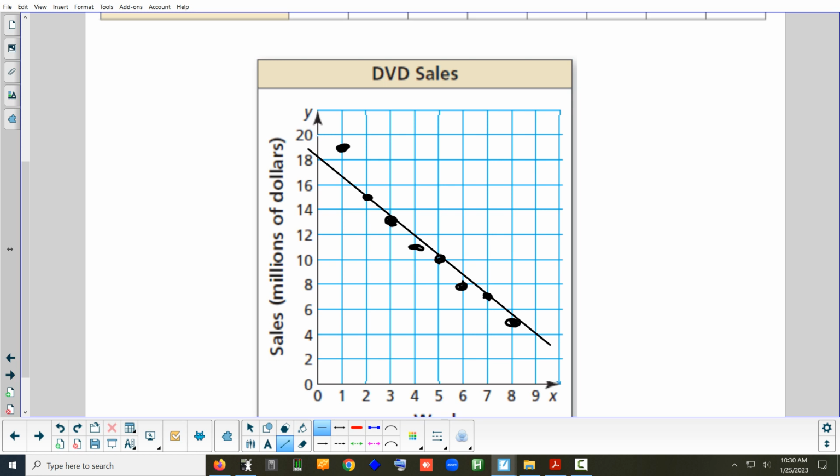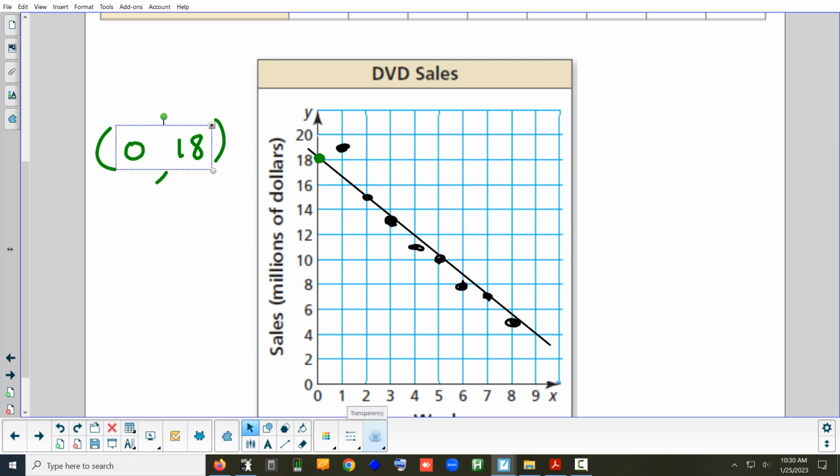Okay, now I need to find 2 points that are right on that line. I think this is a pretty good one, right about there. What are the coordinates of this first green dot? Yep, 0, 18. And does anybody remember when you have a coordinate, the number with the 0 has a special name?